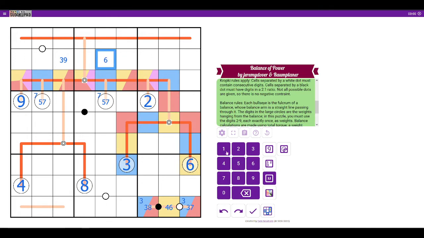So we have 42 on this side. Yeah, we could do it. We can make that a 7 out of 5. That would work out. That is one valid understanding of this area.